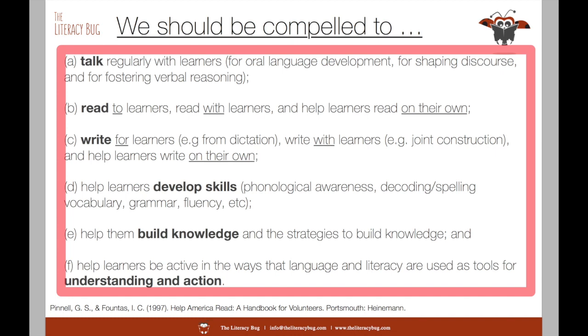Help them develop those key skills of phonological awareness, decoding, spelling, vocabulary, grammar, fluency, etc. Help them build knowledge about the world, as well as strategies to build their knowledge, and provide them with opportunities to use language and literacy for understanding and action. That could be a key checklist of what would go into holistic and effective instruction.